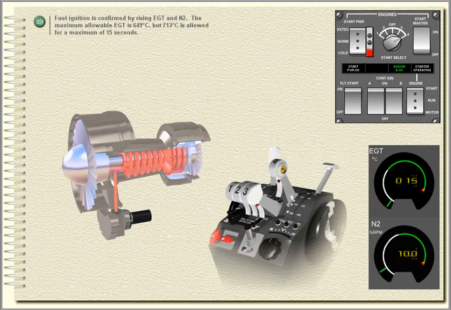Fuel ignition is confirmed by rising EGT and N2. The maximum allowable EGT is 649 degrees C, but 713 degrees C is allowed for a maximum of 15 seconds.